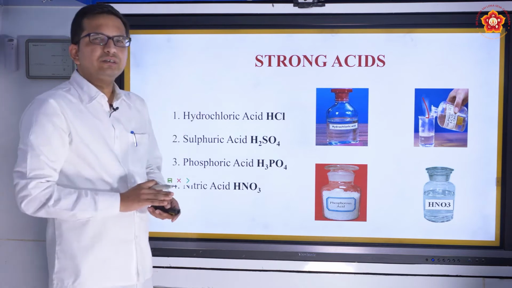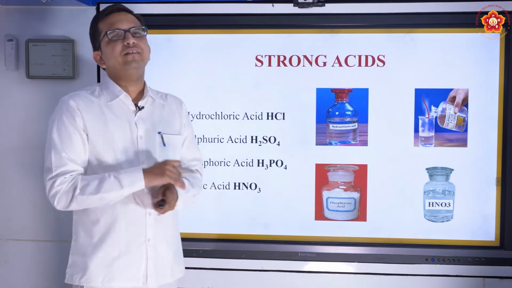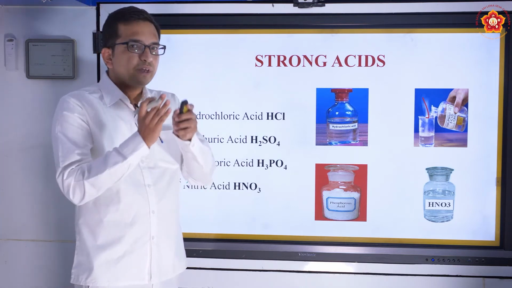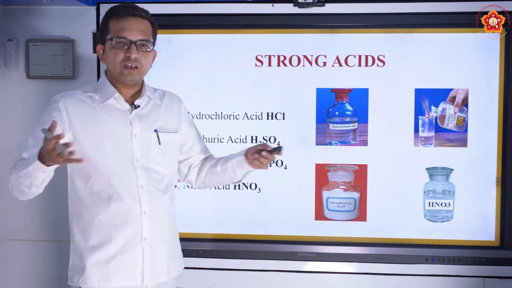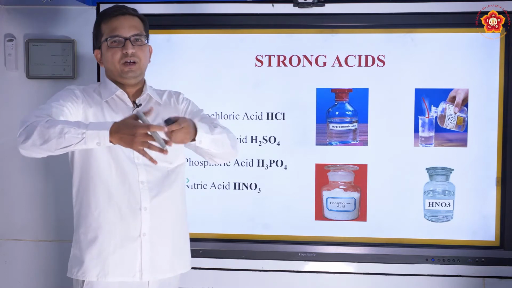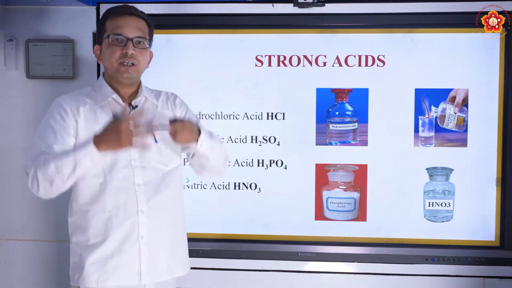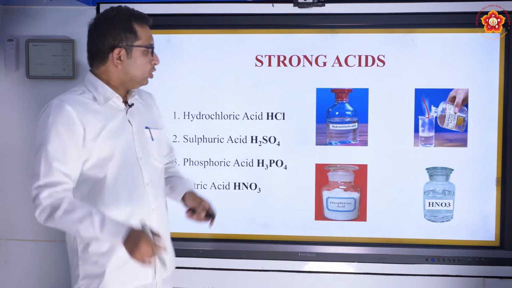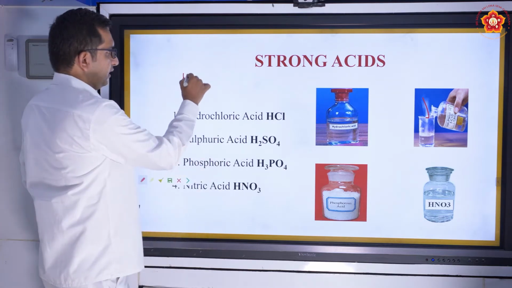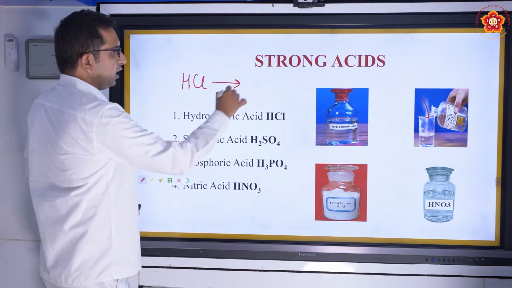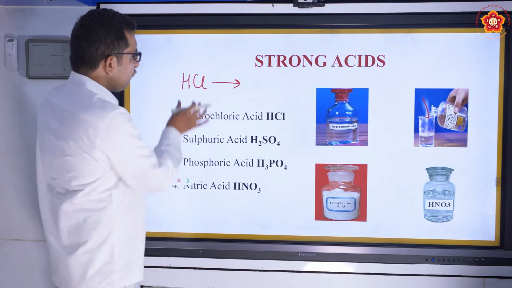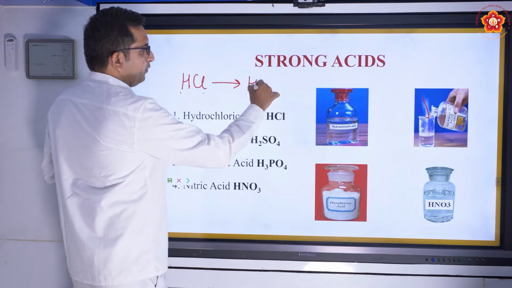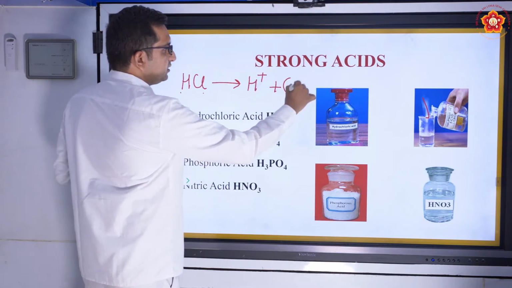But then the question is, how do we determine it theoretically? For this we have a concept of dissociation. Dissociate. Associate means get together, association, get together. Dissociation means split. So an acid like HCl will undergo complete dissociation, which means that if I have used HCl, I will be forming H+ and Cl-.